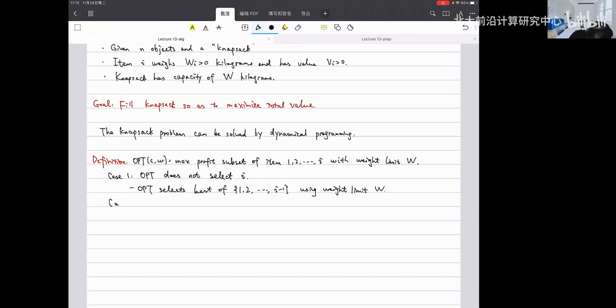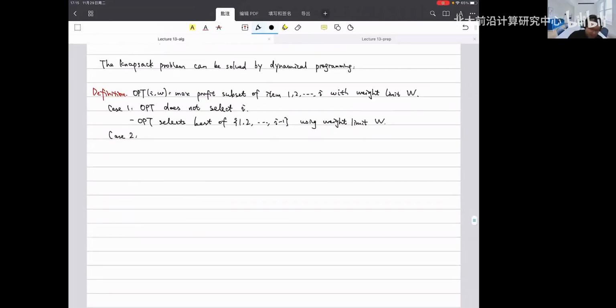But for the second case, where the OPT is going to select the ith item, we are going to have a new weight limit, which is w minus wi. And then the OPT is going to select the best of items 1, 2, until i minus 1 using the new weight limit.